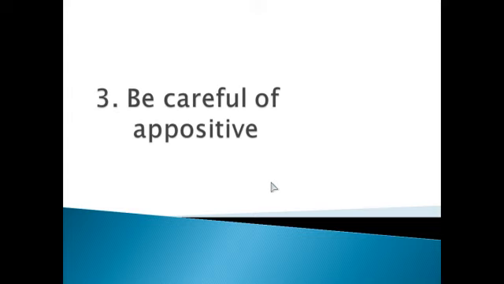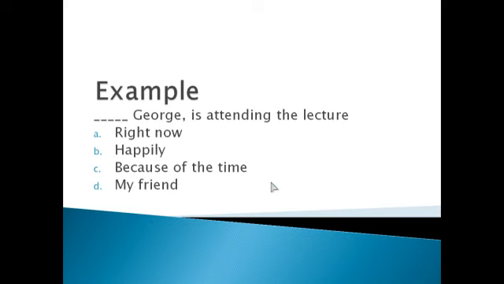The following example shows how an appositive can be confused with the subject of a sentence in the structure section of the TOEFL test. For example, blah blah blah, George is attending the lecture.